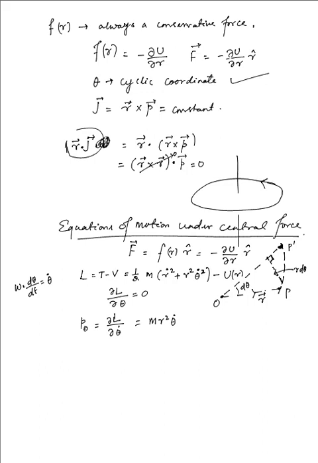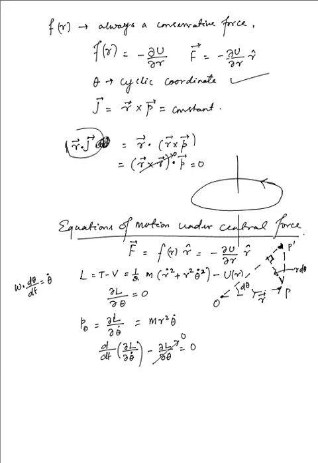Now coming back to the Lagrange equation, d by dt del L by del theta dot, we are concerned with the theta coordinate. Now we'll be dealing with the r coordinate as well. So d by dt del L by del theta dot minus del L by del theta, obviously that goes to 0, as we have just seen, and this is equal to 0.